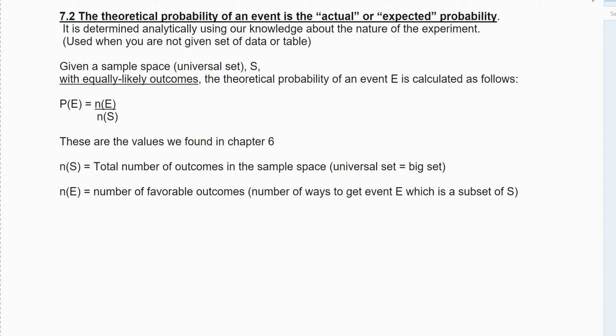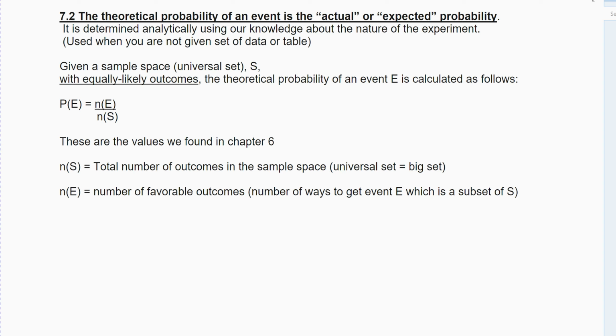An example of the difference between the two is flipping a coin. I understand that when I flip a coin, I've got a 1 in 2 shot of getting heads, so I have a probability of 1/2 of getting heads, or 50% chance. That's theoretical probability. Relative frequency probability is if I did an experiment and flipped a coin 100 times and tallied the number of heads that came up.